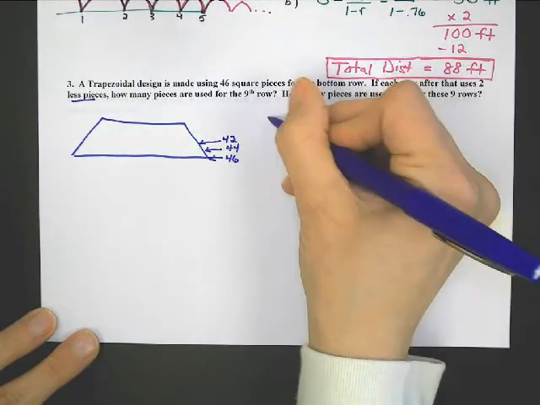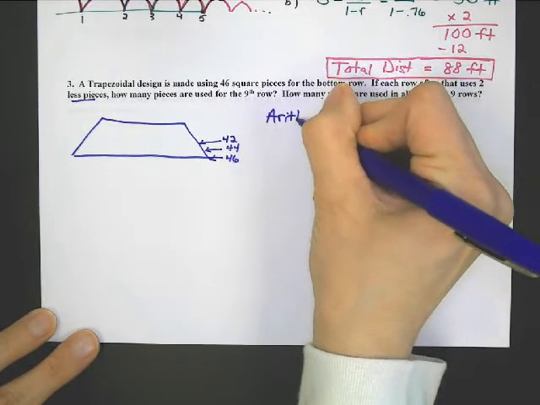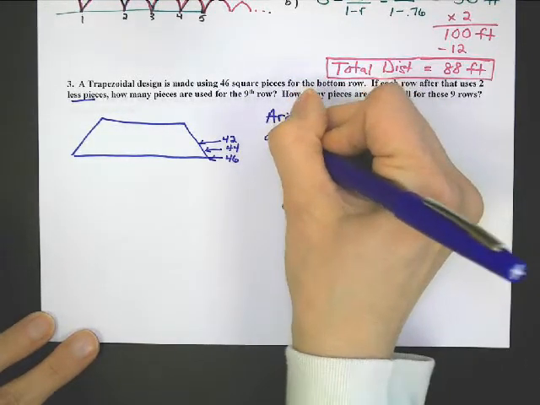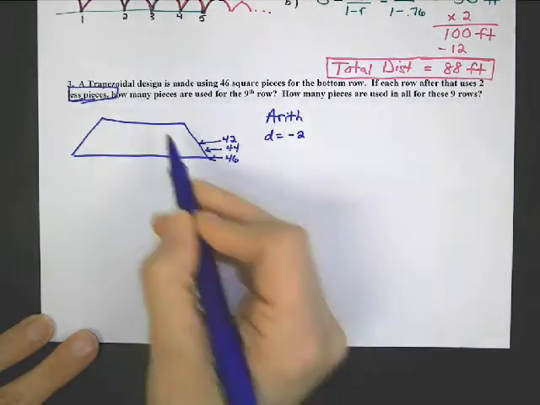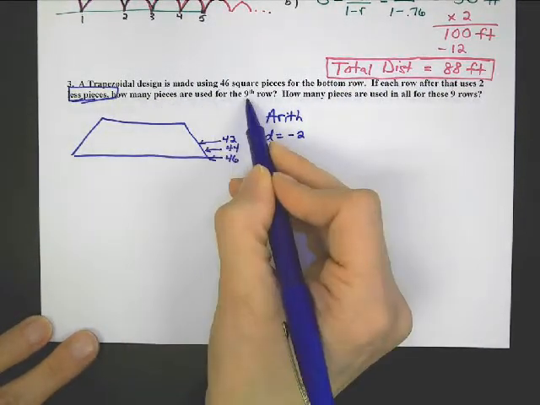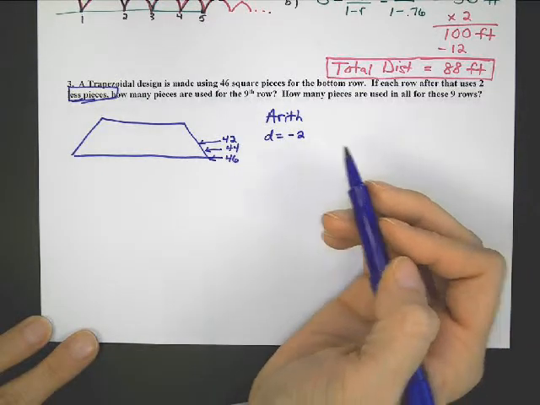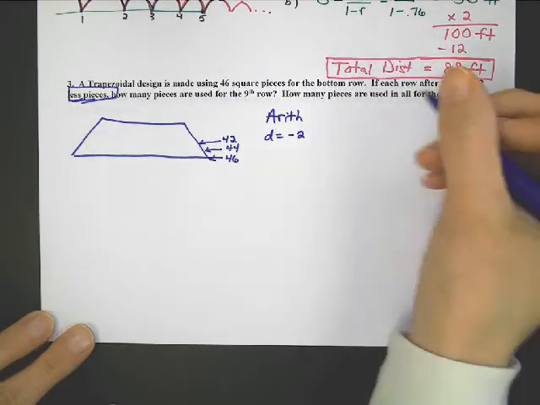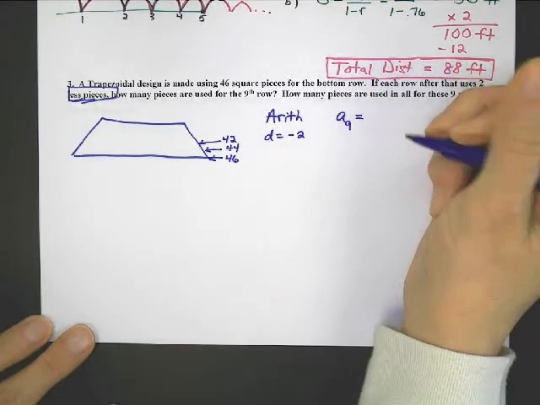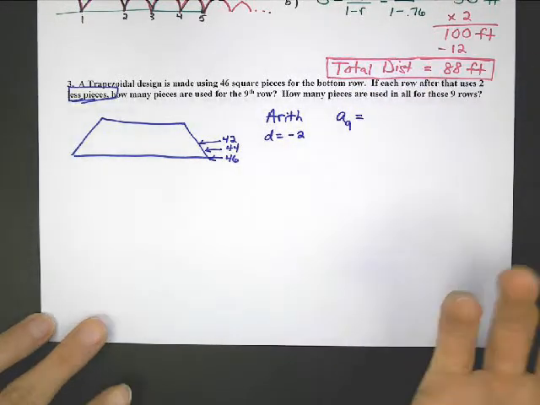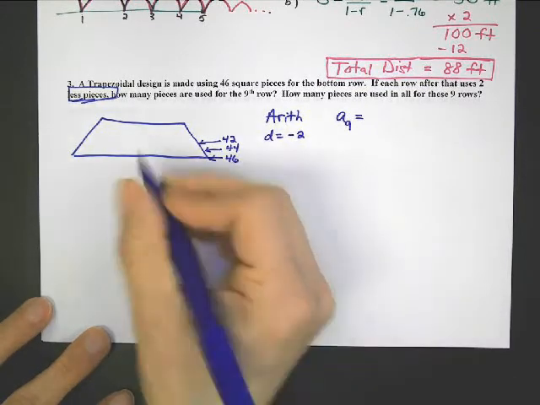So this is definitely arithmetic, and the d is -2. How many pieces are used for the 9th row? That wants us to find a sub 9. First I should probably make a formula for a term.